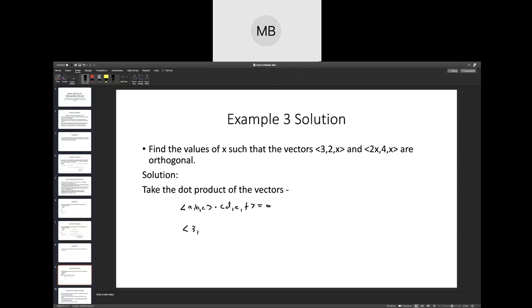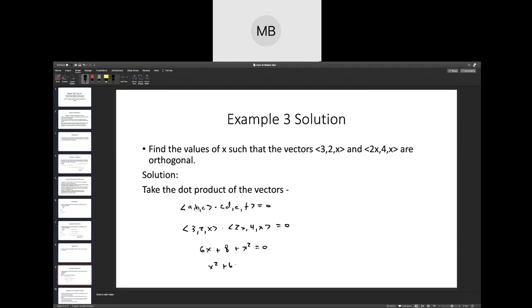So let's take the dot product here and see what we get. We get 6x plus 8 plus x squared equals 0. Again, I'm just taking the dot product.